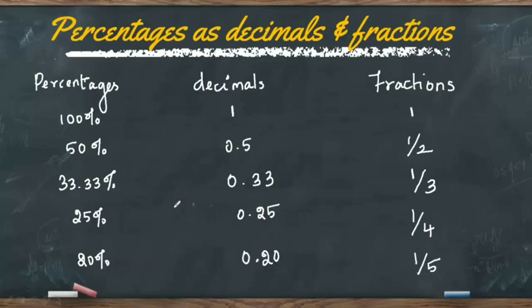The first concept, representing percentages as decimals and fractions. Well, before this, I need to tell you that in mathematics, always we assume the actual value or the total value. If it's not given, then we assume it to be 1 or 100 percentage. So that's the reason why I've represented the fraction 1 as 1 in decimals and 100 percentage in terms of percentages.